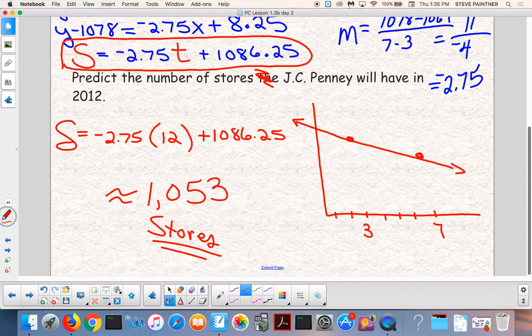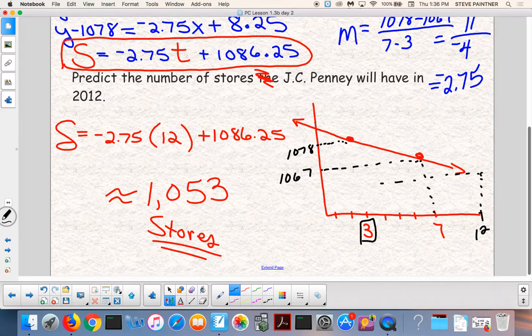Hey guys, I graphed it. I showed you the visual part of it. Remember this? They told you year 3, which is 2003, there's about what? 1078. By year 2007, we're looking at what? 1067. You're predicting the year 2012 will be what? What are you predicting?